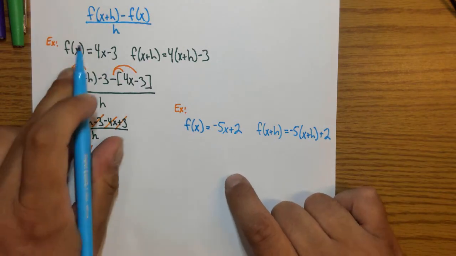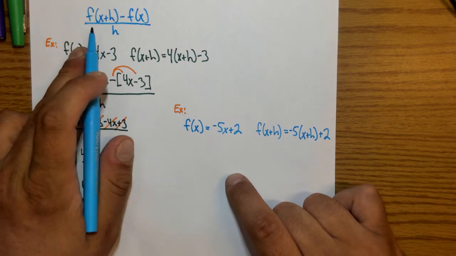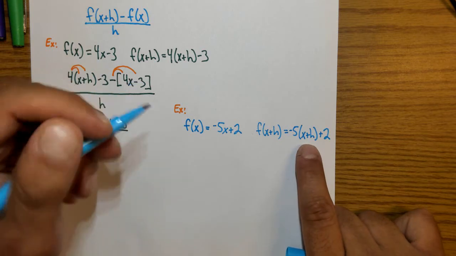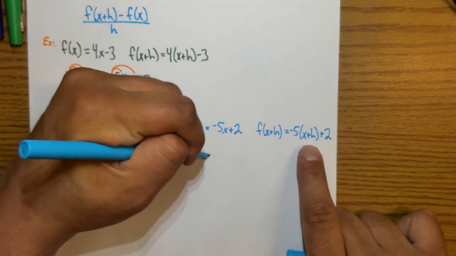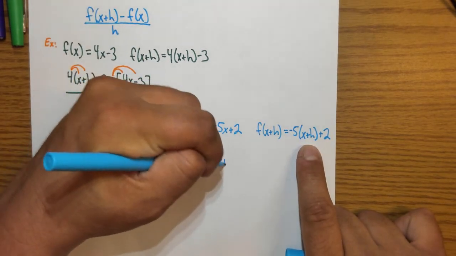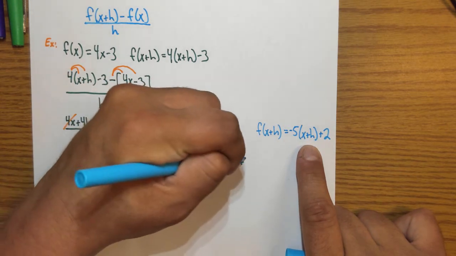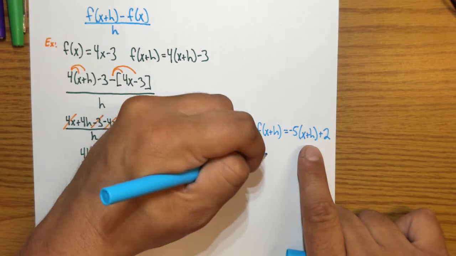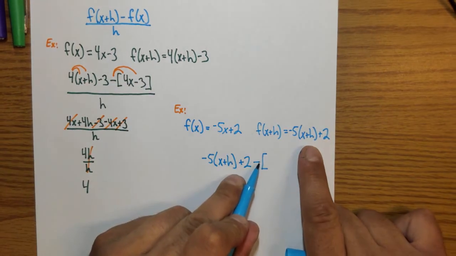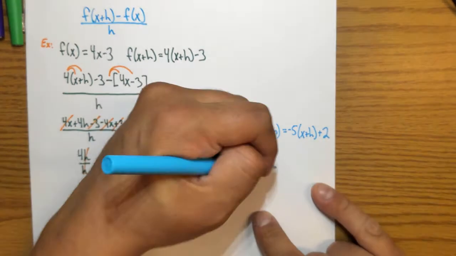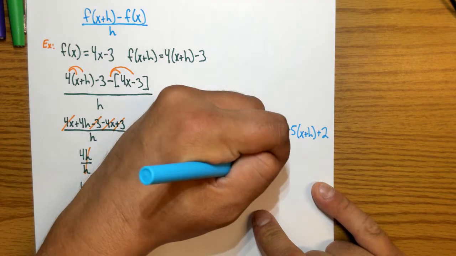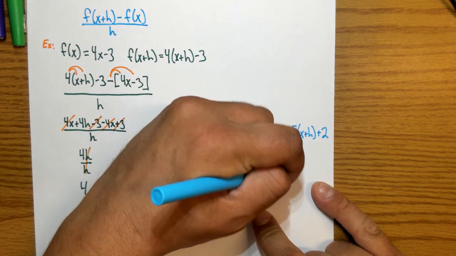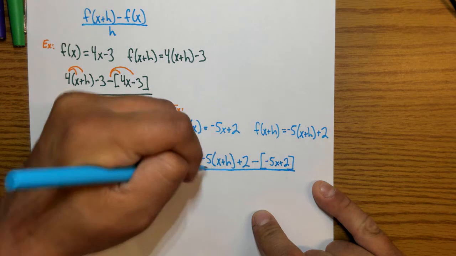So now let's plug it into this difference quotient up here. So I'm going to have f of x plus h, so I'm going to have this one over here. So negative 5 times x plus h, plus 2, and then minus my f of x. Remember, I'm going to put f of x in brackets because I'm going to have a negative that I'll need to distribute. So negative 5x plus 2, all divided by h.